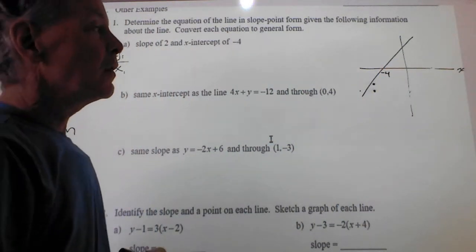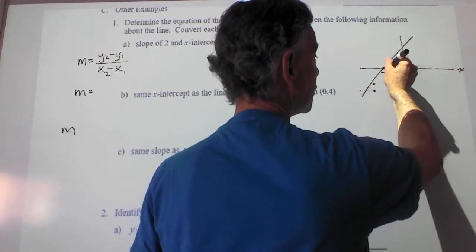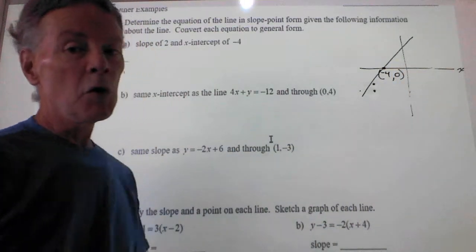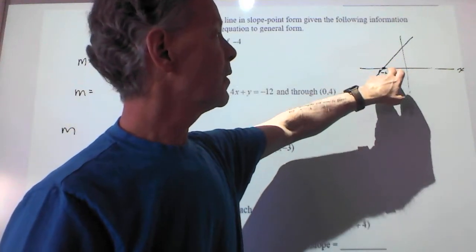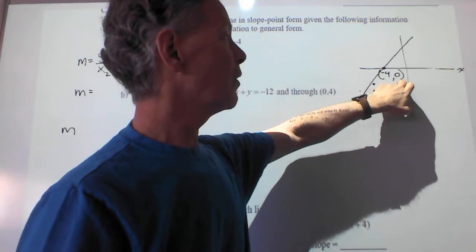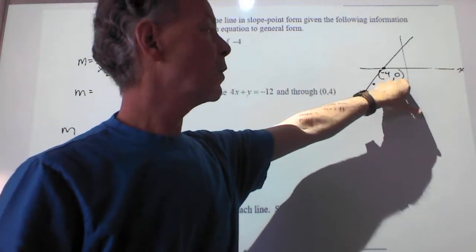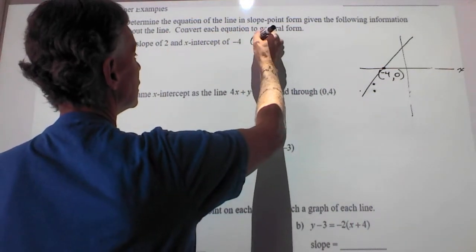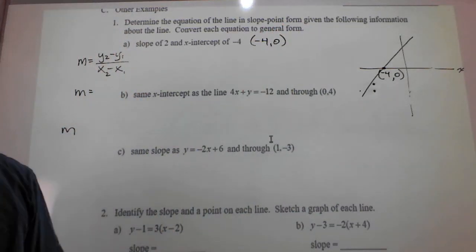Okay? So, when they tell you this, they're also telling you the coordinates of a point, right? Because the coordinates of the x-intercept, if the x-intercept is -4, the coordinates are -4 and 0. Remember, all points on the x-axis will have a y-coordinate of 0. Okay? So what they're really saying is, here is the point for you to use. Okay?